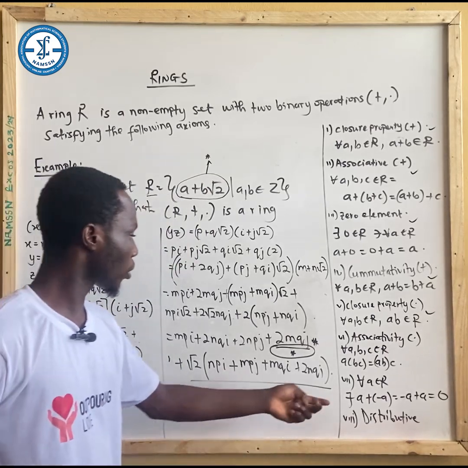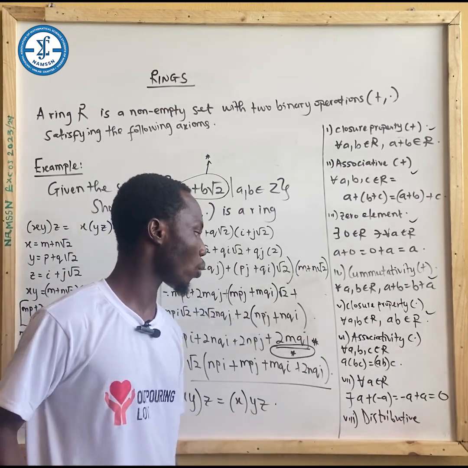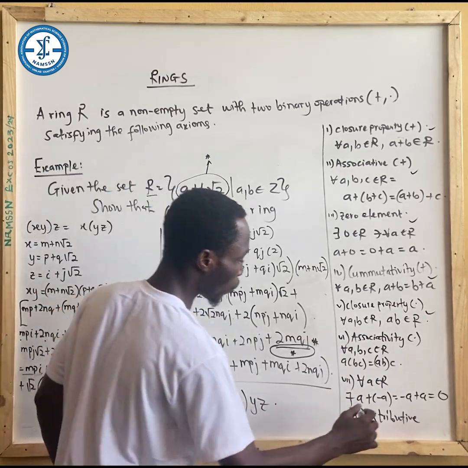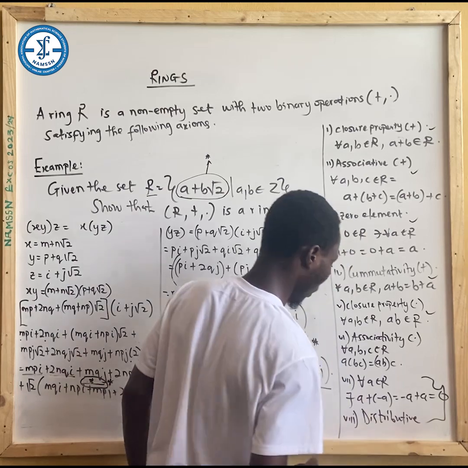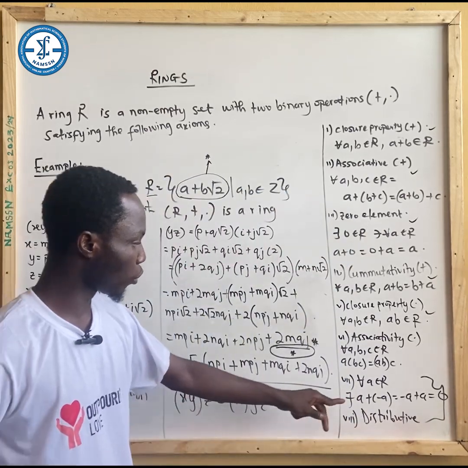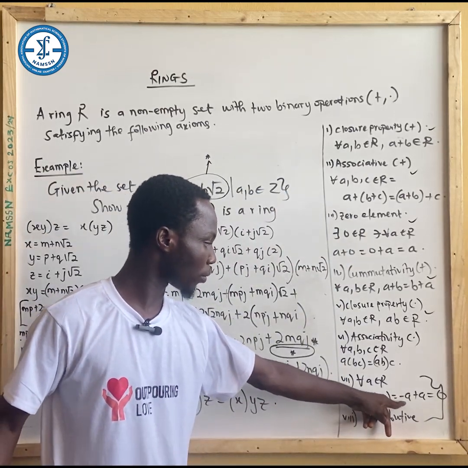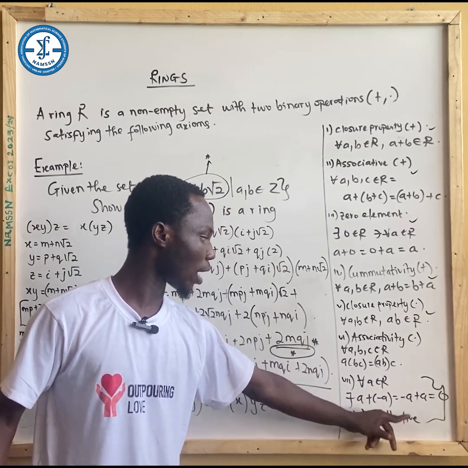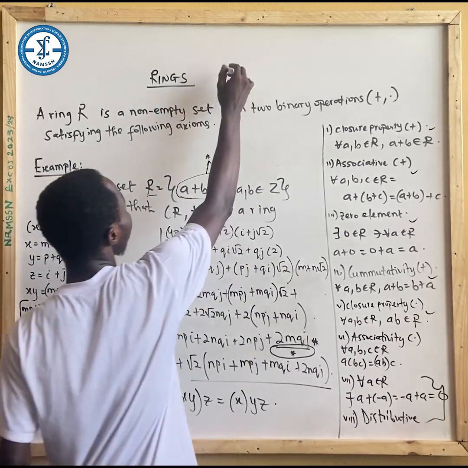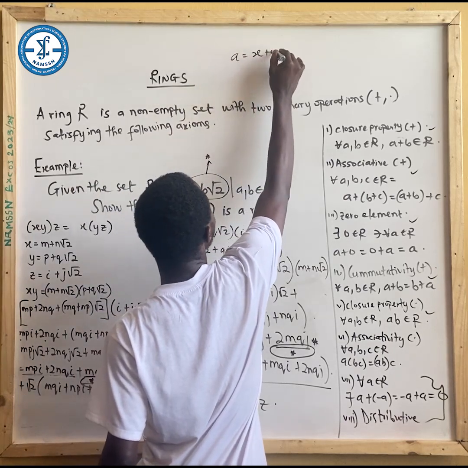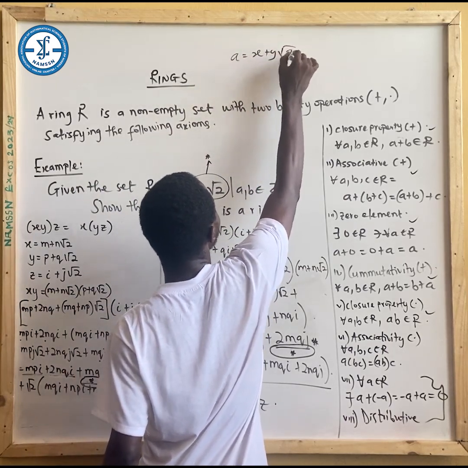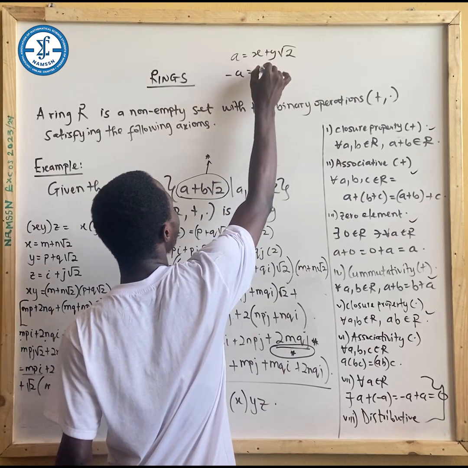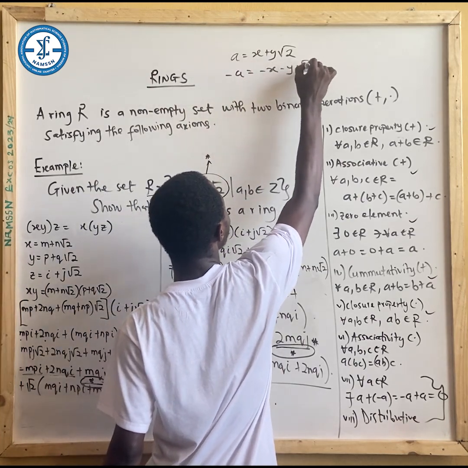So I've been able to show the associativity for multiplication. I'm going to leave the remaining two as an exercise for you. You are going to give me minus a. Define your minus a, and then you add. You can just say let a equal x plus y root 2, so minus a should be minus x minus y root 2.